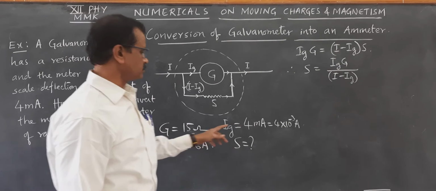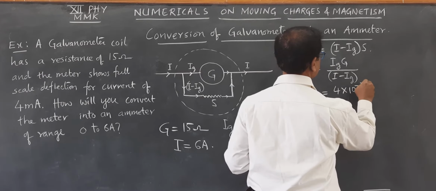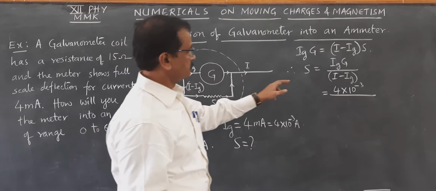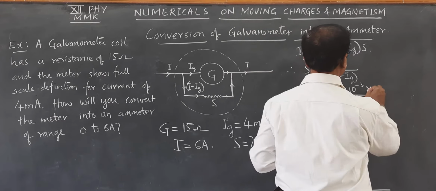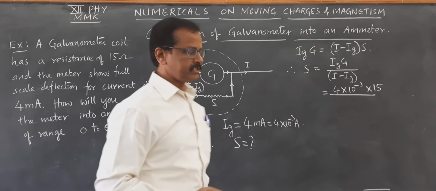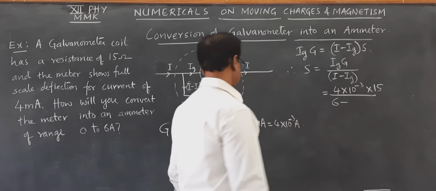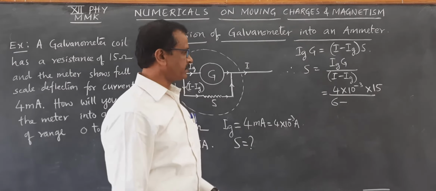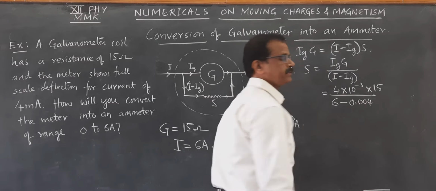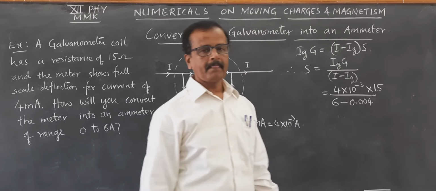Just substitute the values. So we get 4 into 10 raised to minus 3, into G value which is 15 ohm, divided by I minus Ig. I value is 6 amperes, 6 minus Ig, 4 milliamperes. So I will write that 0.004 amperes. 4 milliampere can be written as 0.004 amperes.